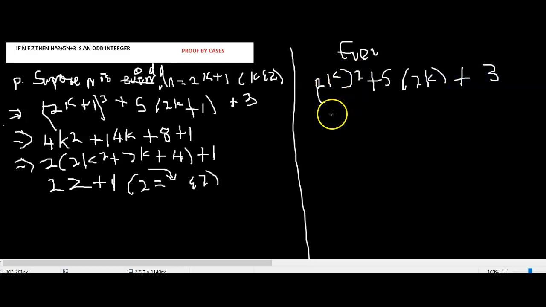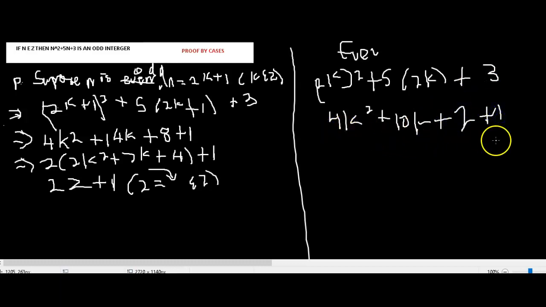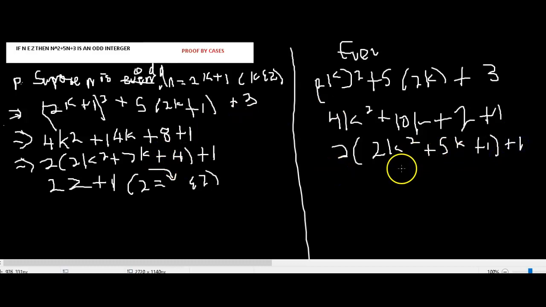So 2k squared will be 4k squared plus 10k. Now, just as I did over there, we need 1 from 3. So we can rewrite 3 as plus 2 plus 1. We never change anything. Then we can take 2 as a common factor. So you're left with 2 times 2k squared plus 5k plus 1, and then the 1 at the end, right? And there we go. We prove that this is odd.